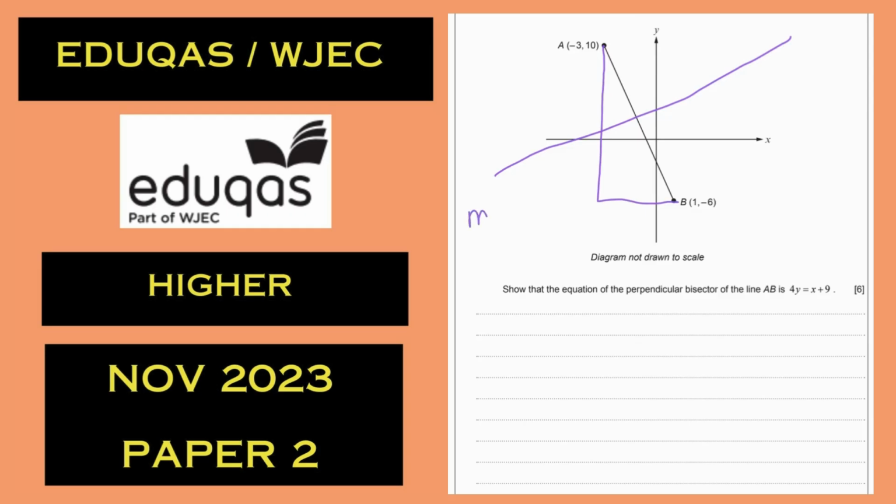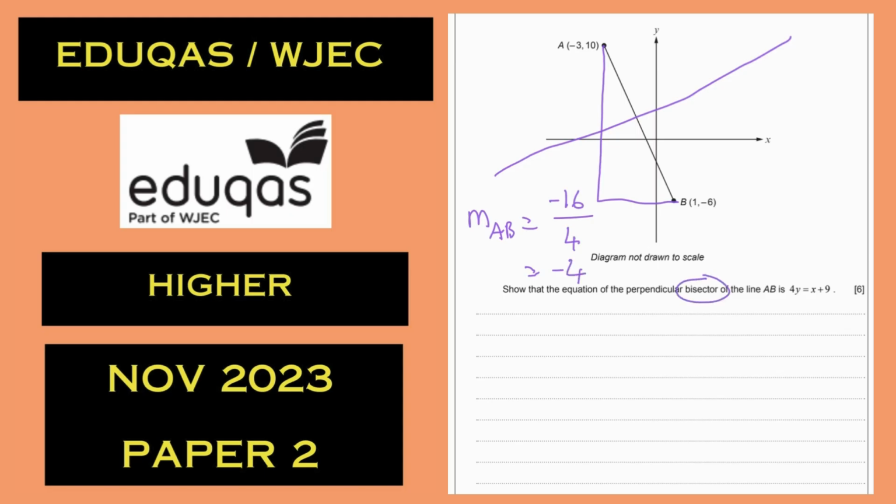The gradient from A to B is changing y's. That's 10 down to -6, that's down 16, divided by changing x's. That's -3 up to +1, that's a change of 4. So the gradient of this line is -4.